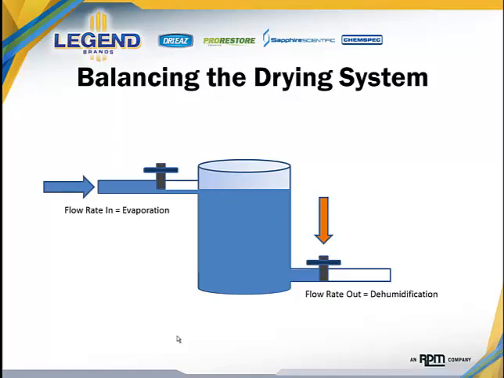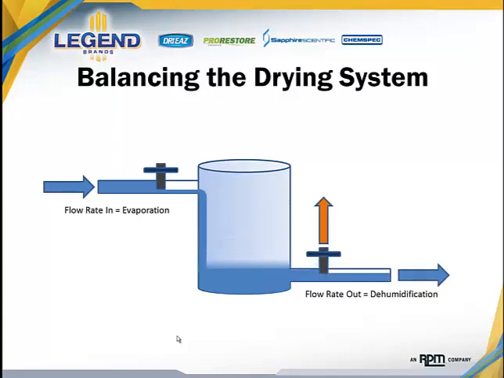Now, obviously, there's one simple way to fix or remedy this problem, and that is to manipulate the rate of dehumidification. If we increase the rate of dehumidification to a point at which it is greater than the rate of evaporation, then humidity will decrease over time. And as simple as this sounds, it's unfortunately most commonly not the appropriate fix to this challenge, which is the point of this discussion.